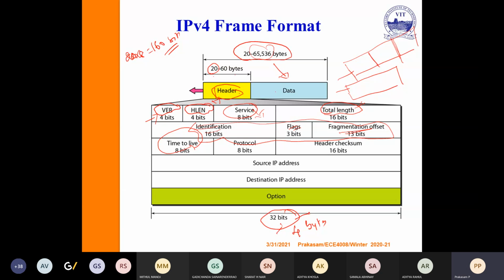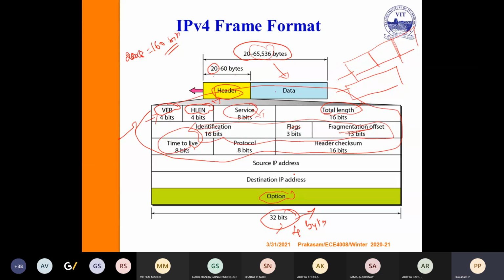The remaining fields are nothing but control bits. So only these 32 bits are used to represent the source IP address or the destination IP address.